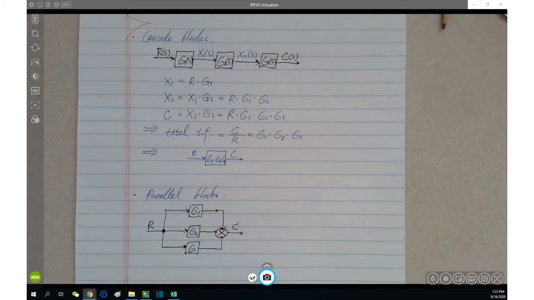And then the results of those 3 transfer functions go to a summing junction to come up with the total output C. Okay, this is how we understand this.